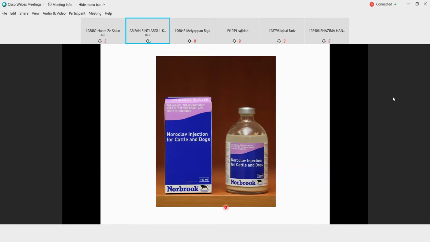Another one, Noroclav, same thing but in injectable form, contains amoxicillin plus clavulanic acid. The name will tell you, Noroclav. It's in suspension form.